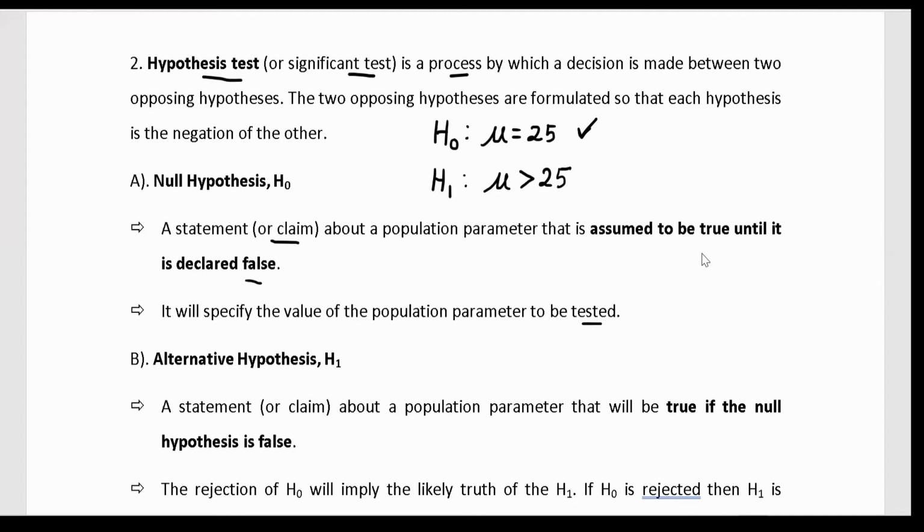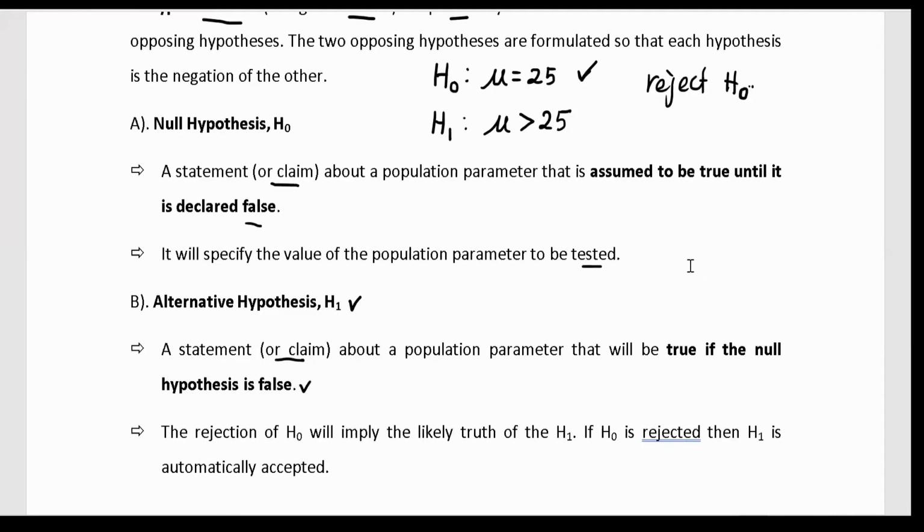If we look at the alternative hypothesis, the H1, it is a statement or claim about a population parameter that will be true if the null hypothesis is false. That means if we reject the H0, then the H1 will be accepted.